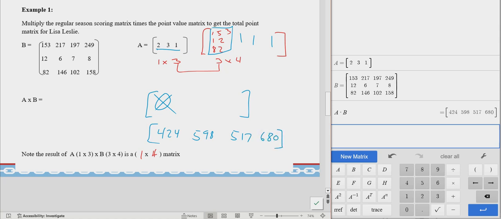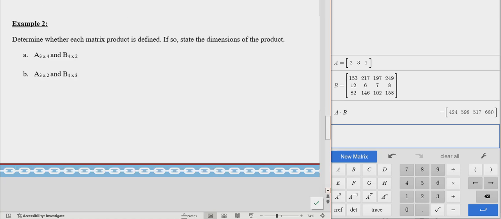Okay, so there is no expectation in my class that you will actually multiply the matrices out by hand. I just went over it briefly so you had an idea, and then I expect you to go in and use a calculator for that.